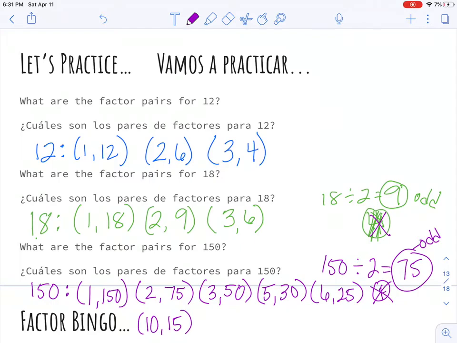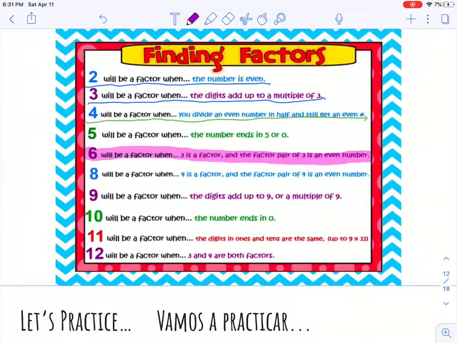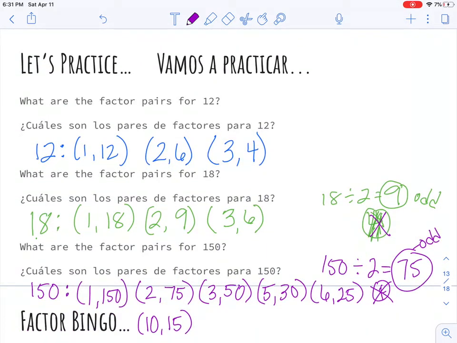Now, we have 11, 12, 13, 14 left. So let's think about 11. When you multiply by 11, the numbers are going to be the same, like 22, 33, 44, 55, all the way up to 99. 150 you cannot divide by 11. Now when you divide by 12, let's see the trick. 3 and 4 have to both be factors.